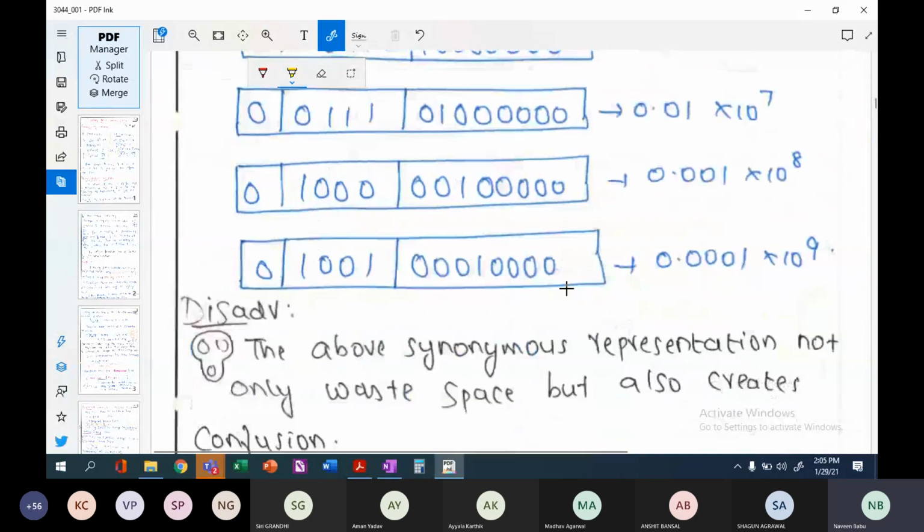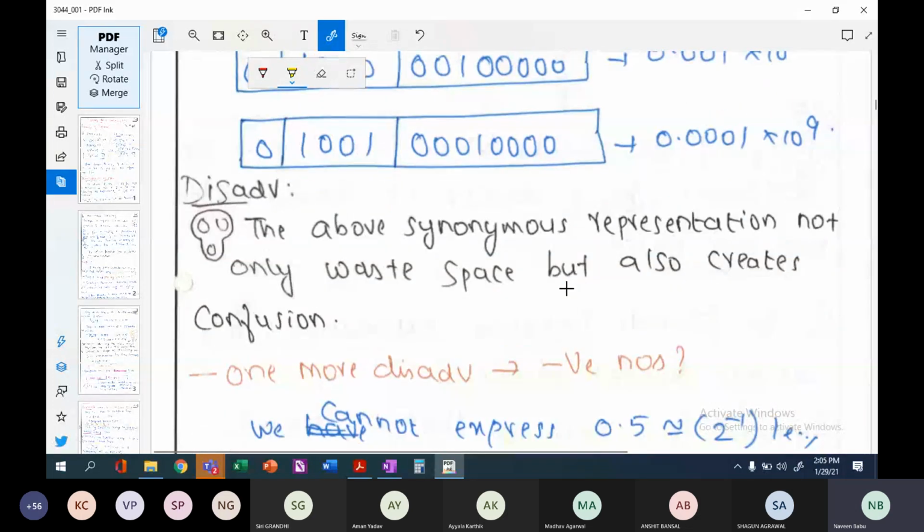So we saw different formats, and they did have disadvantages. The disadvantages were that they were utilizing a lot of space here. And one more disadvantage is how do you represent negative exponent values? You can represent 10 power 9, but what about 10 power minus 9? So all these were disadvantages.